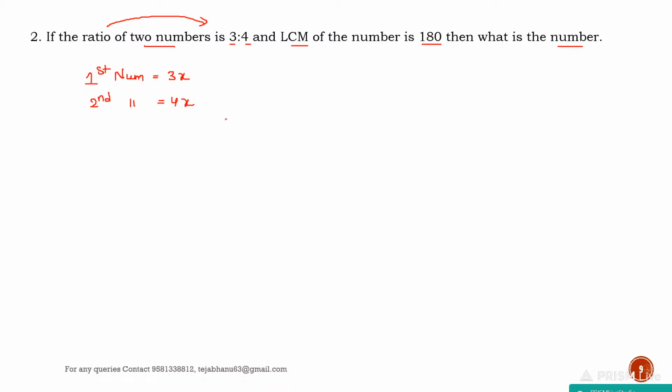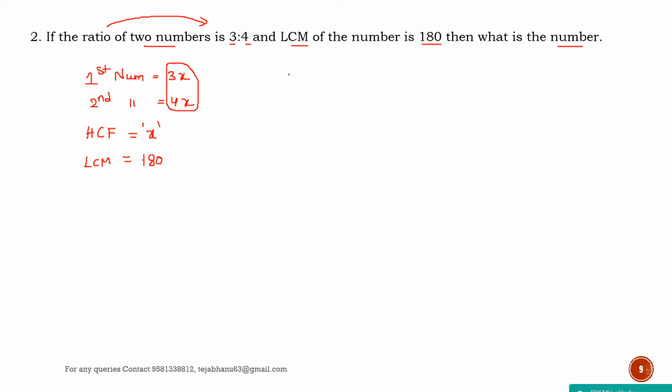Now, have a look. Here, the HCF of the two numbers is x. The common factor existing between these two numbers is x. And the LCM is given as 180.